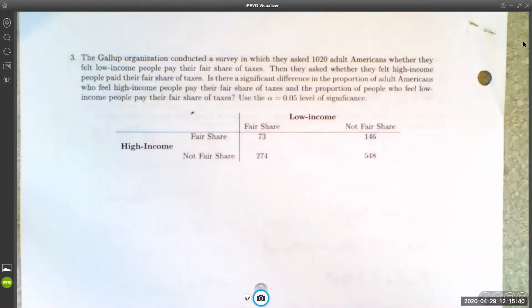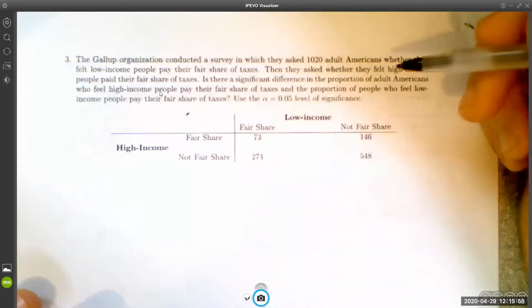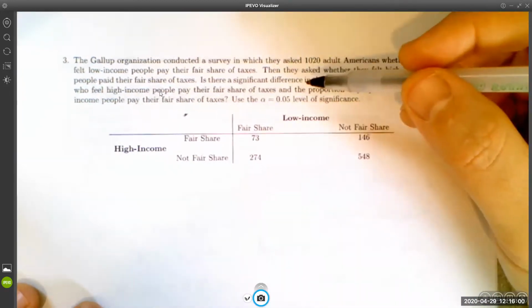So we want to, I apologize. We want to compare the proportion of people who feel low-income people pay their fair share to the proportion of people who feel high-income people pay their fair share. Now, we could figure out what those sample proportions are, right?